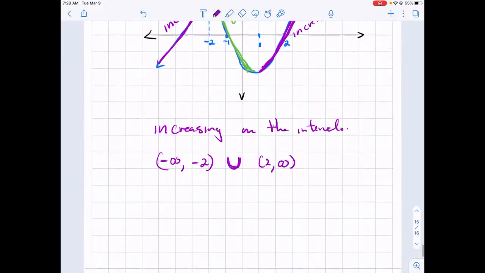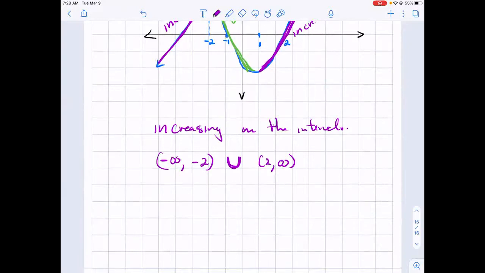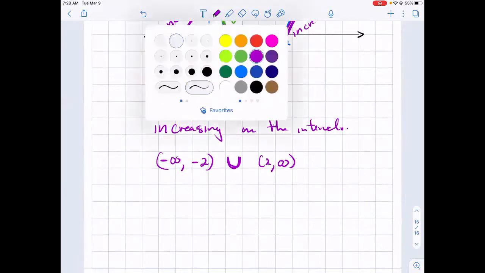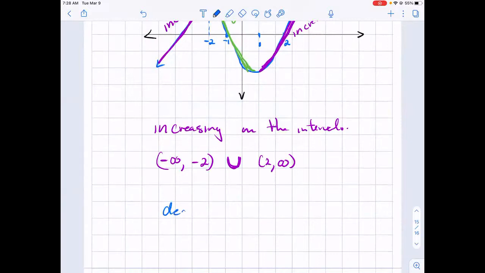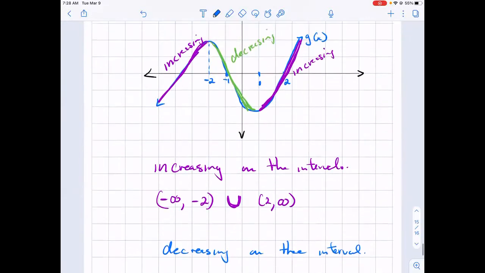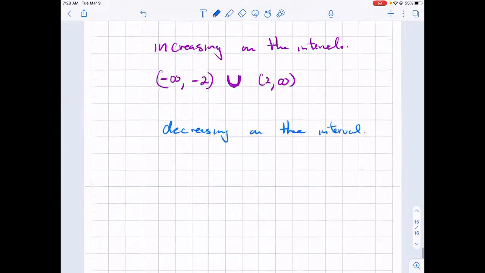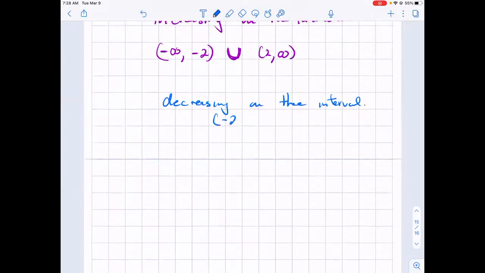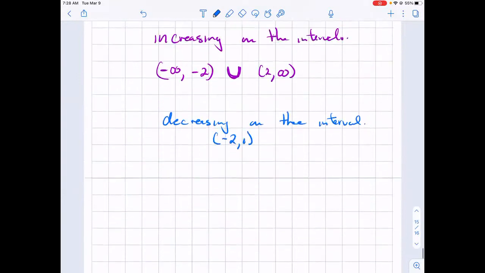And we can say that it's decreasing on the interval from -2 to 1.